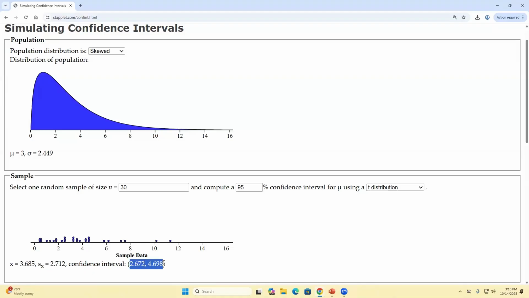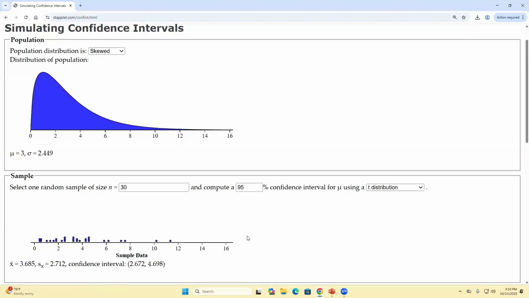It then computes a 95% confidence interval based on that sample mean and sample standard deviation. Just a spoiler, sample mean and sample standard deviation are two of the numbers that we are going to need when we calculate these next time, and I'll show you how to do that.